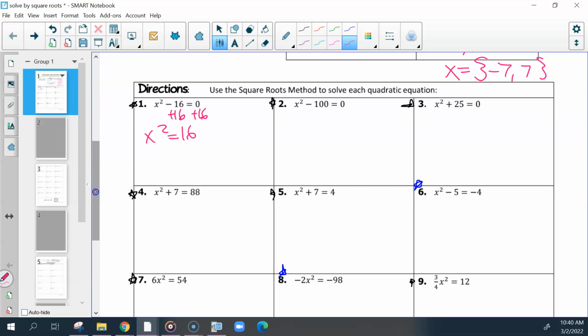And then take the square root of both sides. The square root of 16 is what? 4. So this would be plus or minus 4. And then our answers would be negative 4 and 4 in curly brackets.